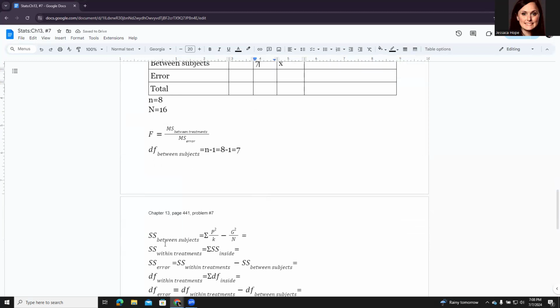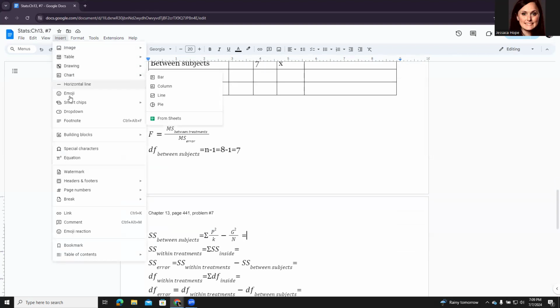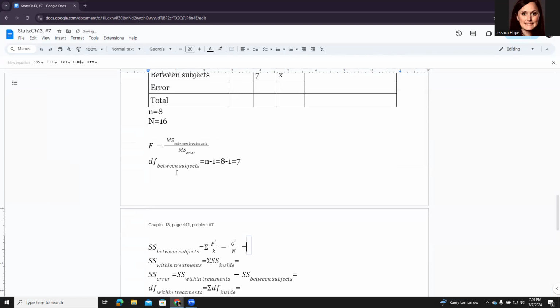Next, I would go to sum of squares between subjects. This is kind of a long drawn out one. You're going to do the summation of P squared over k, and then you're going to subtract G squared over N. Unfortunately, since I'm not doing it by hand, it's going to be a little more tedious. You don't have to put the summation because we're just doing the P squared.